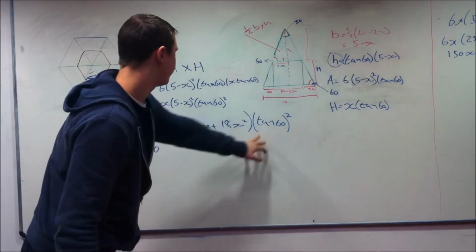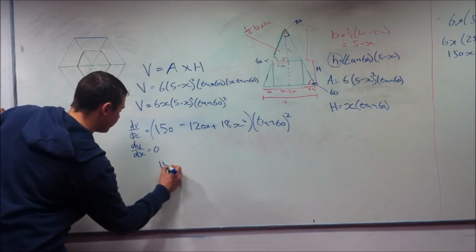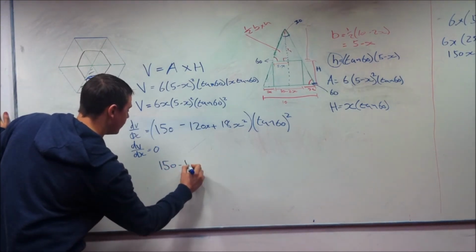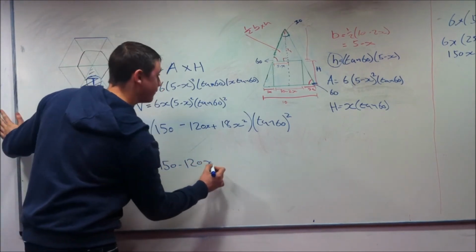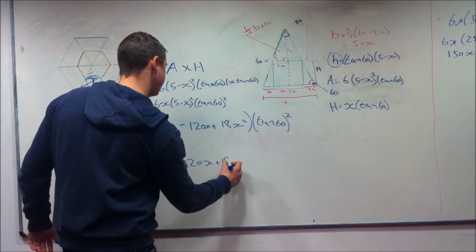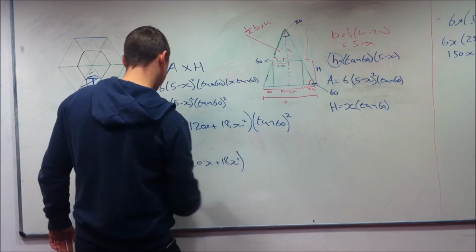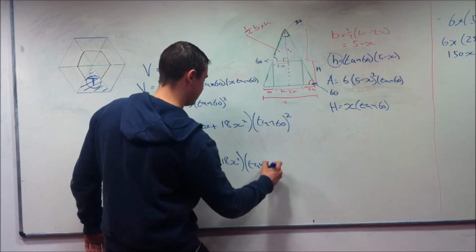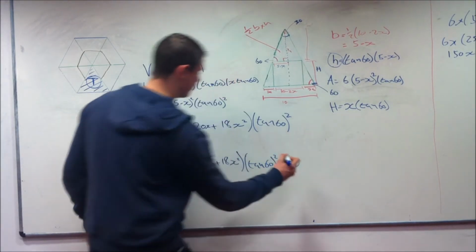So we're just setting this equal to 0, and then we could say 150 minus 120x plus 18x squared times by tan 60 squared equals 0.